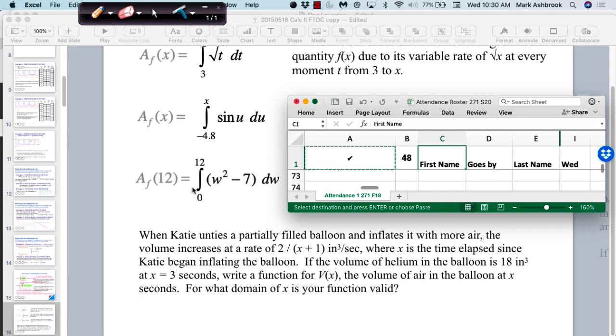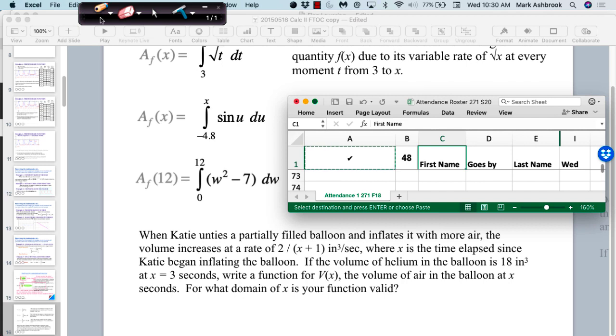Is this a number or a function? This is a number. This is the exact net accumulation starting from 0 and ending at 12, if you accumulated at the rate w squared minus 7. So that's going to give you a value. That's no longer a function. That's like a particular function value, A f of 12.